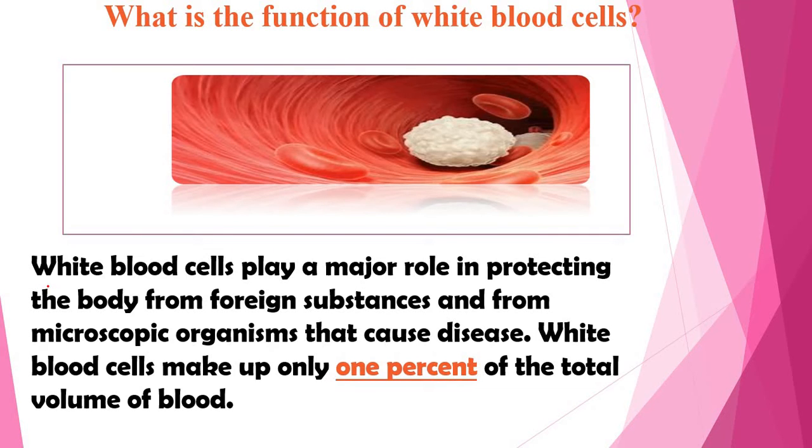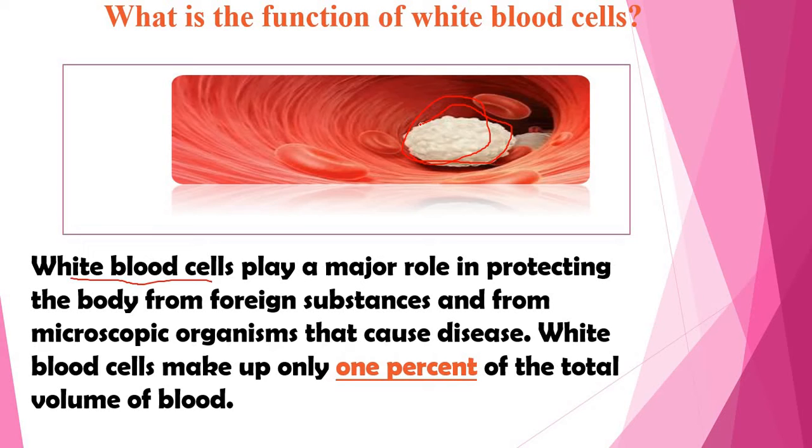So we have talked about plasma and red blood cells. Now the last part of the blood components, which is the white blood cells. Okay, and actually white blood cells are very important to our body. Why?